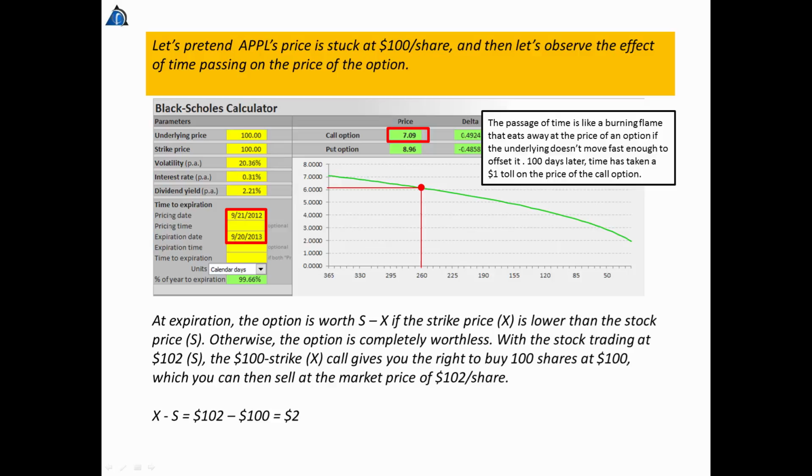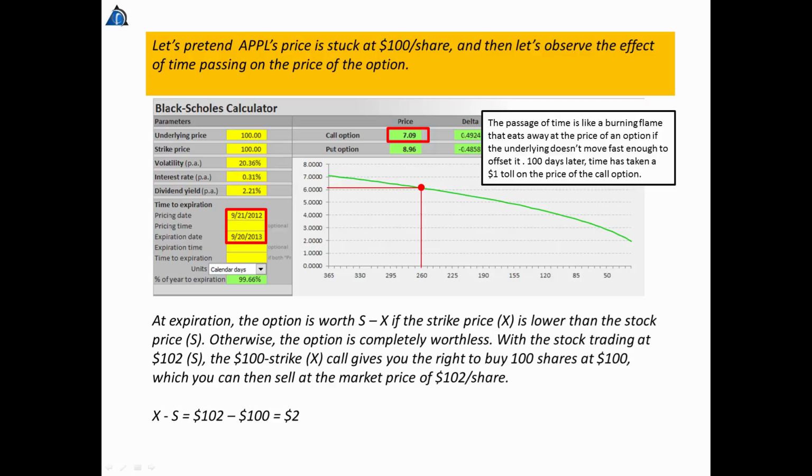Why? Think about it this way. If you were to exercise your $100 strike call, you'd be able to call the stock away at $100 and sell it in the market at $102. That's a $2 gain per share. Okay, you brought in $200, but you paid $709 for the call option a year ago.